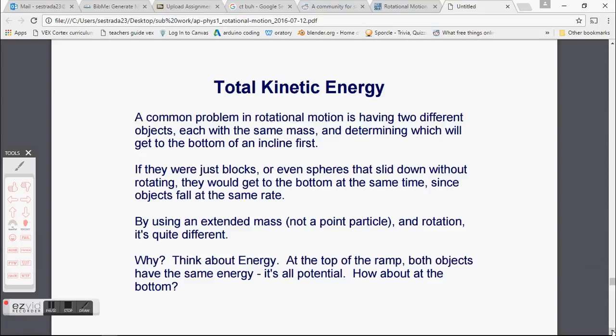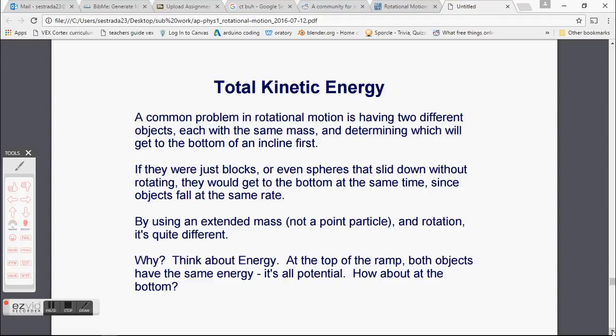A common problem is one object and another object that have the same exact mass, but they're different shapes. They're going down an incline, a ramp, and they ask you which one will get there first, or which one is going faster at a certain point. You can answer this using kinematics and dynamics, because you know that the one with the smallest rotational inertia is going to have the greatest acceleration.